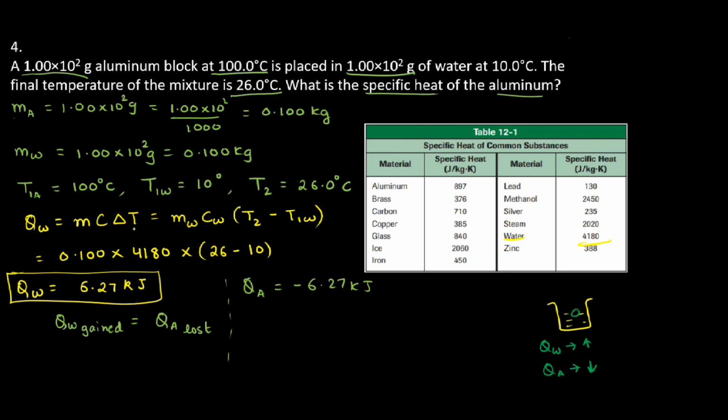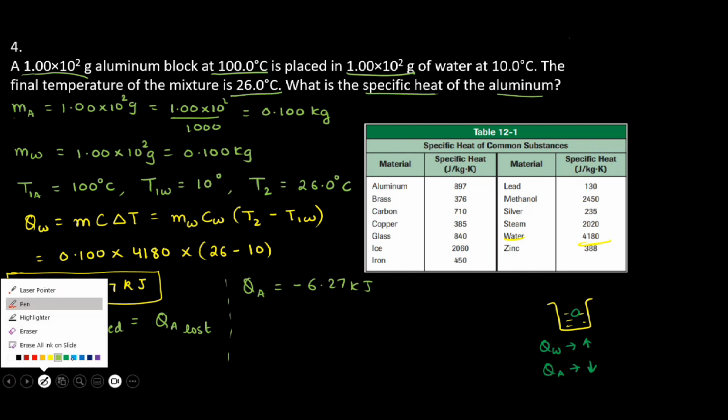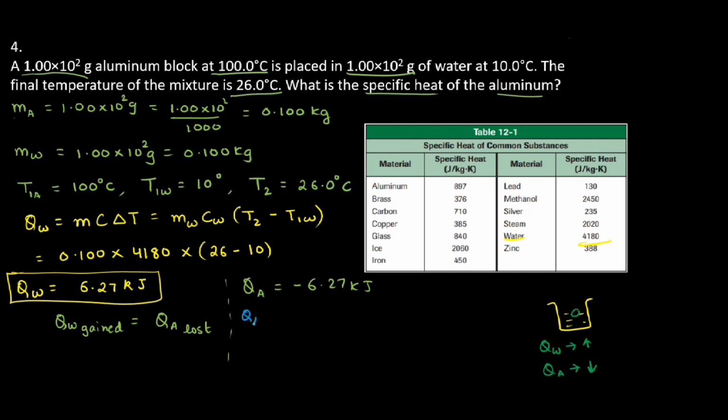I'm going to use the same equation to calculate the specific heat of aluminum. So the heat of aluminum will be mass of aluminum times its specific heat capacity times the change in temperature for aluminum. If I want to find the specific heat capacity, I will divide the energy lost by aluminum by mass times the change in temperature. So Qa over mass times the change in temperature delta Ta.